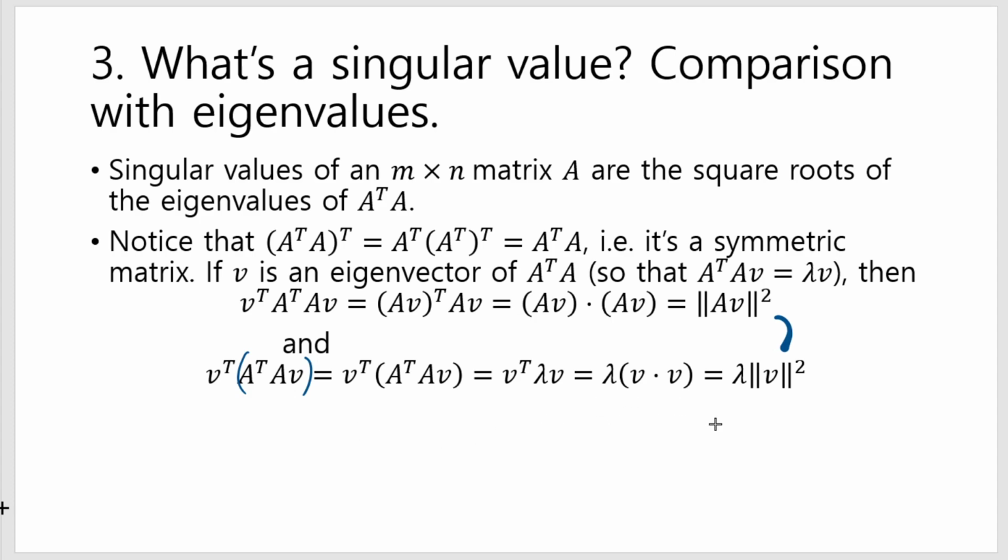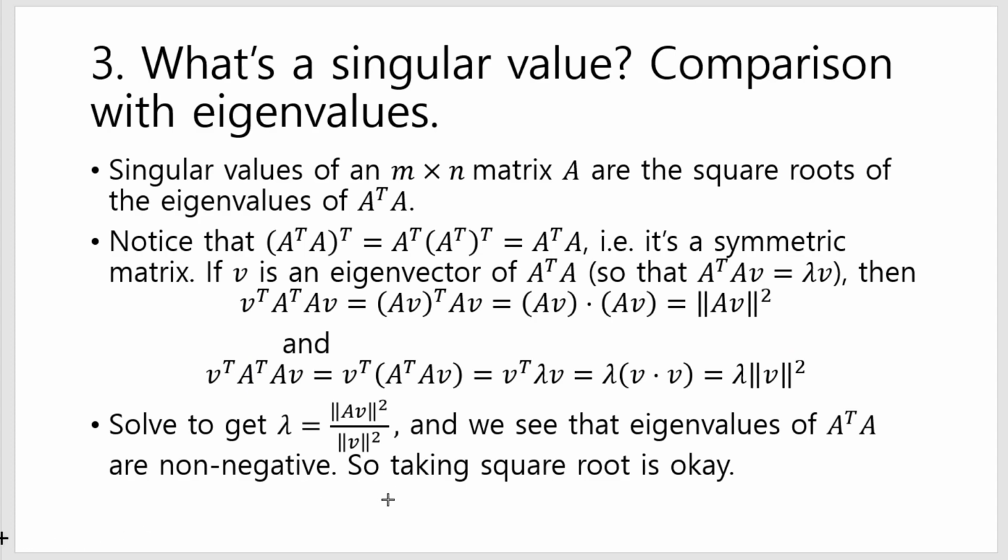Then dividing by the norm of V squared, which is non-zero since V is a non-zero vector, you see that lambda has to be non-negative. It can't be negative, okay? So we get lambda as a non-negative value, so taking the square root is okay, right? So this is well defined, okay?